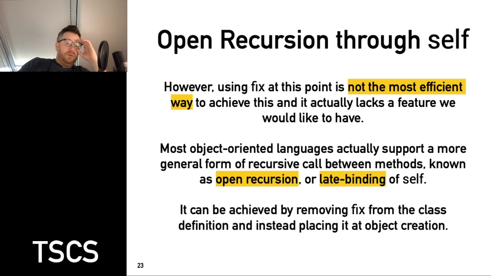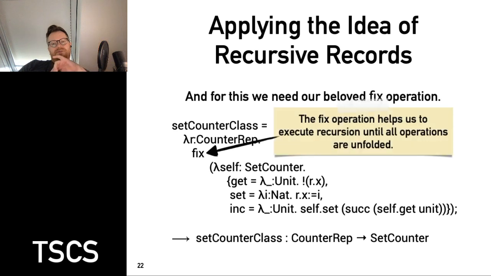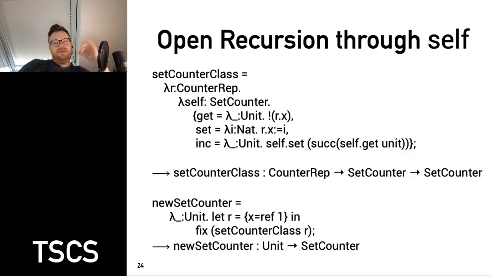The problem is that when you do it the way that we've seen just before, you have it in the class definition and it will just unroll it once. The problem with that is that you do not have it on an object basis, and that's why we need to move it down. And this is how it would look different. So we have this argument self added to setCounter class.